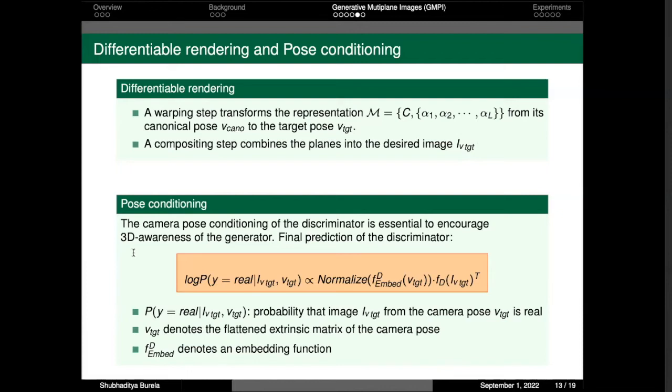The final prediction of the discriminator is given by this, wherein we just normalize the embedding function which operates on the camera target pose, and then there is a discriminator, and the discriminator operates on the desired image obtained after the differentiable rendering stage. And this log p is the probability that the target image from the camera pose v target which is provided is real.